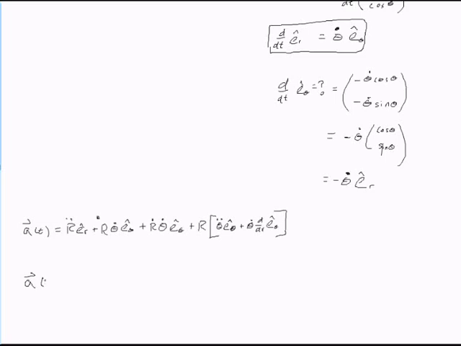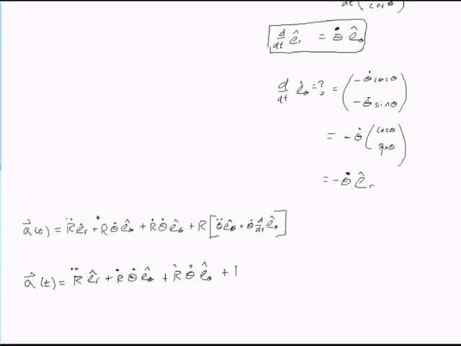If we were to rewrite that out now, the acceleration of our particle at any particular time, expressed as a vector, is going to be equal to r double dot e_r hat plus r dot theta dot e theta hat. I'm just simplifying this right now. Plus r dot theta dot e theta hat. I just realized that these two could be added together because they've got the same units, but I'll do that in the next step.